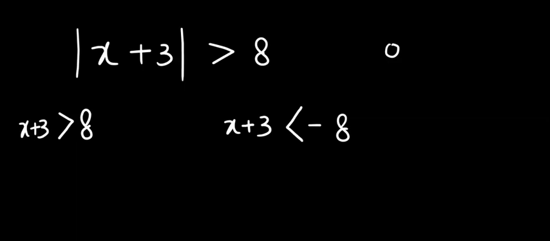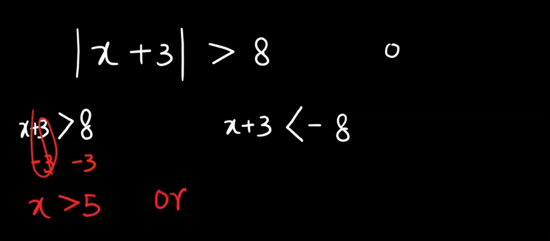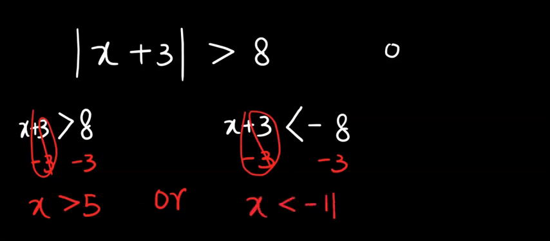Okay, let's isolate x by subtracting 3 from each side. x is greater than 5. Or, I'm going to solve this one. Subtract 3 from each side, cancel it out. x is less than negative 11.